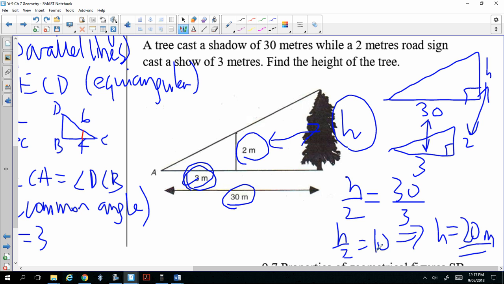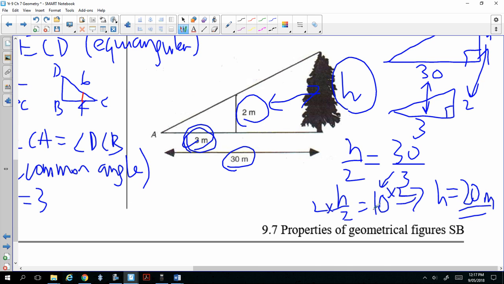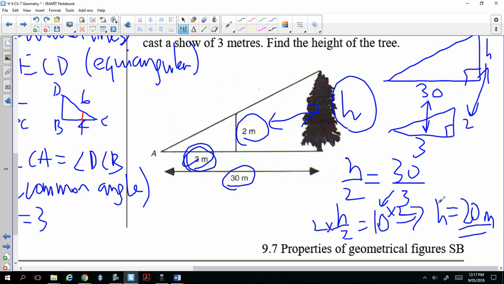And then do times 2, because you times by 2. That's 20. That's right, it's an equation. Yes, good. Got it? Any more questions?